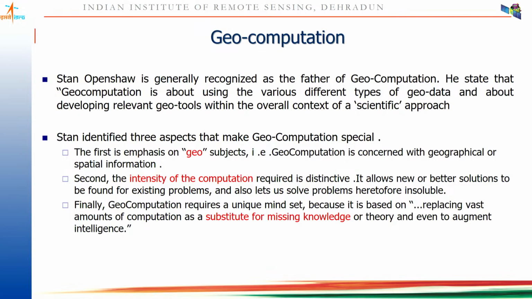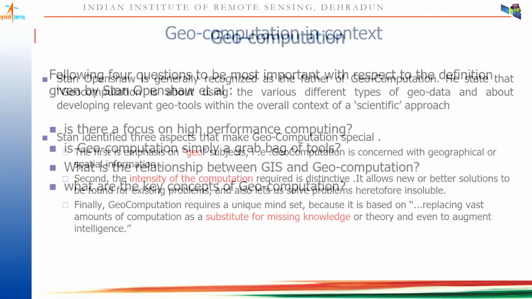It allows new, better solutions to be found for existing problems, and also lets us solve problems previously insoluble. Basically, we are trying to solve the problem using advanced computation techniques. Finally, he says that geocomputation requires a unique mindset because it is based on replacing missing knowledge or theory with a vast amount of computation, and even augmenting intelligence. So here we are trying to apply intelligence on this data to get meaningful information out of it.